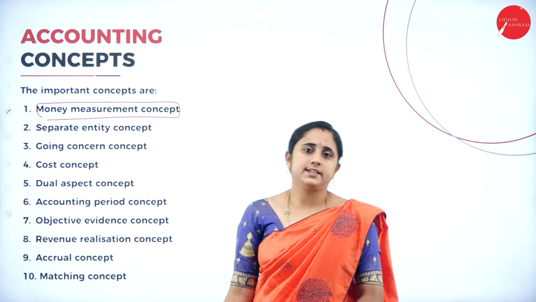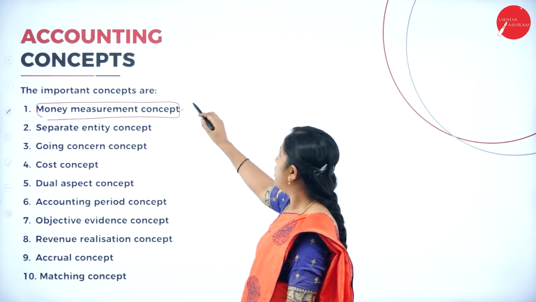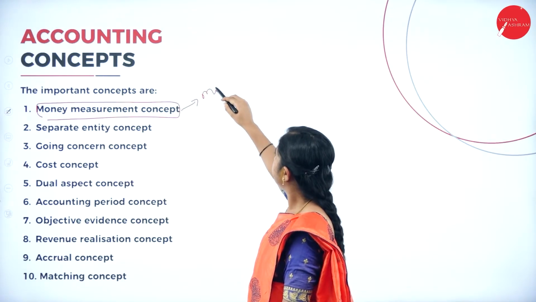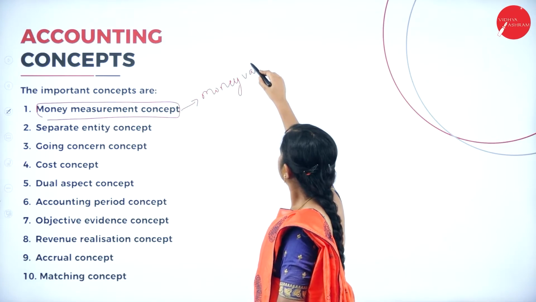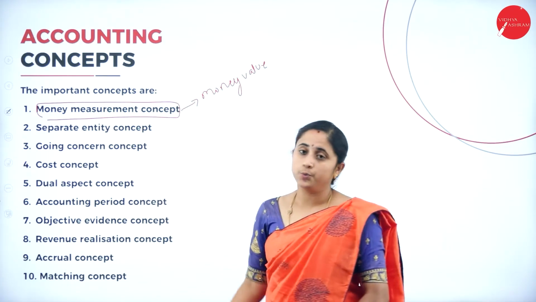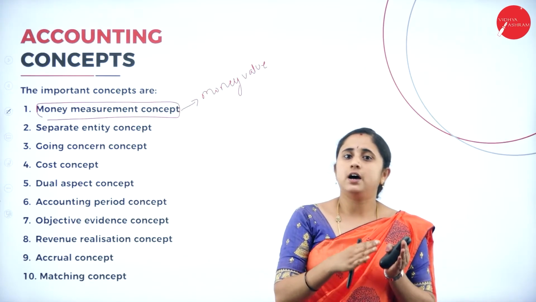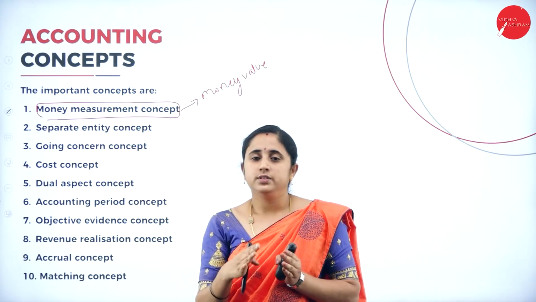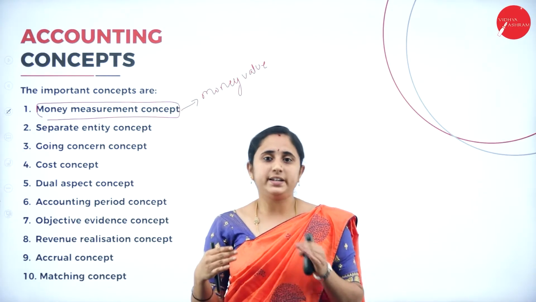The name itself says it: record only the money value. In the books of account, you should record only the monetary value, that is, which can be expressed in terms of money or money's worth.